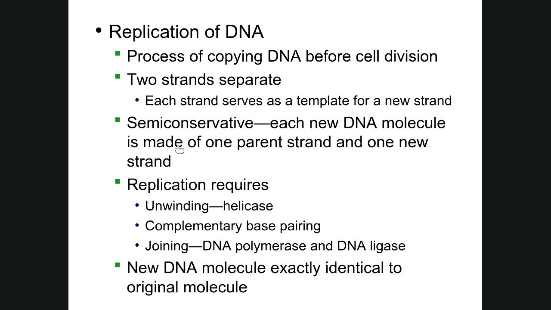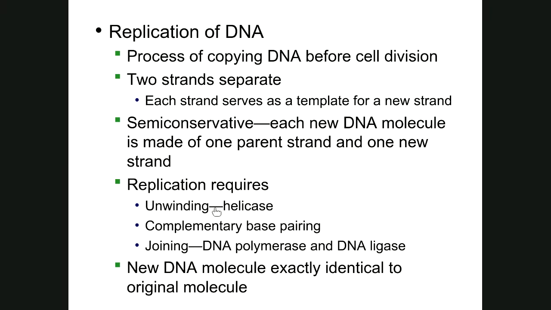So how does the replication process occur? It requires three steps. The first step is called unwinding. Unwinding means unzipping. Like when we wear a jacket and zip it up, the right side and the left side of the jacket become bonded, joined together.